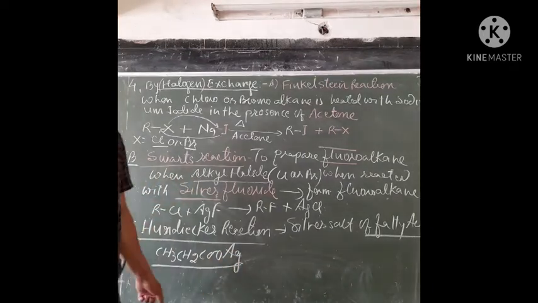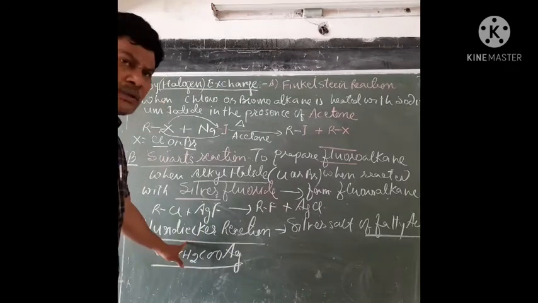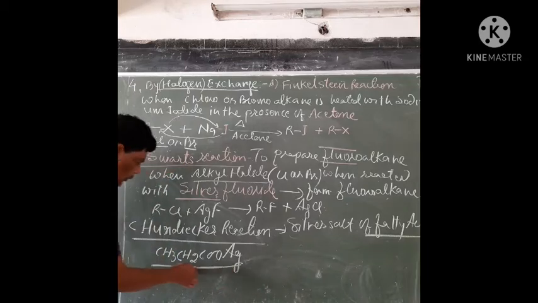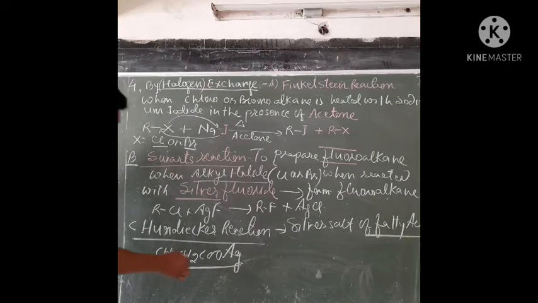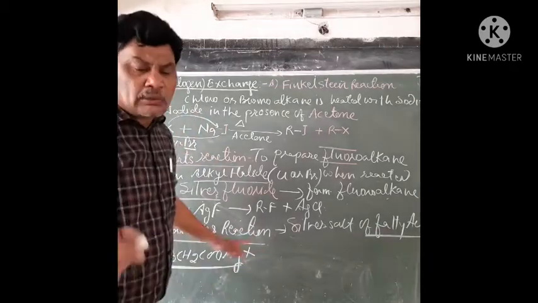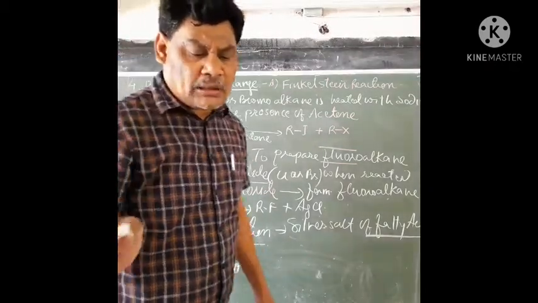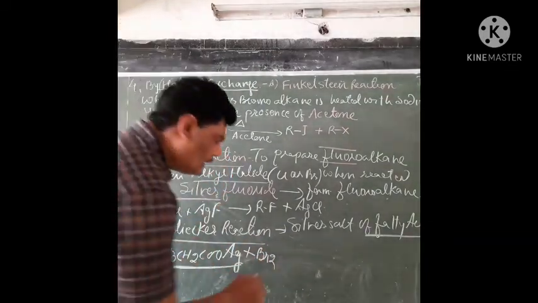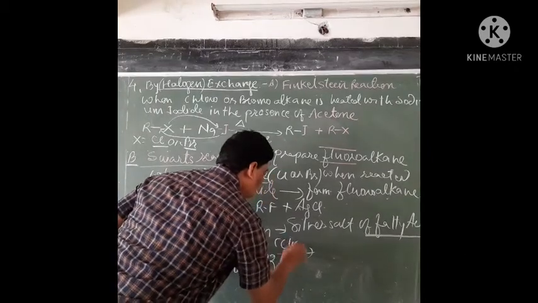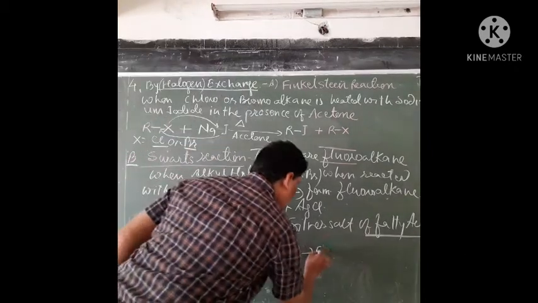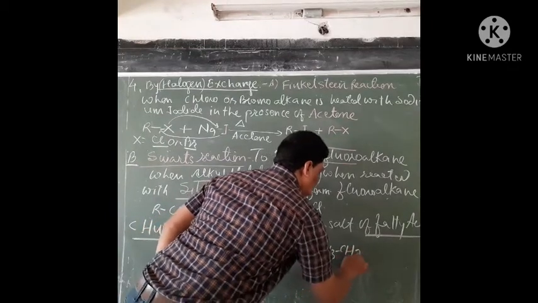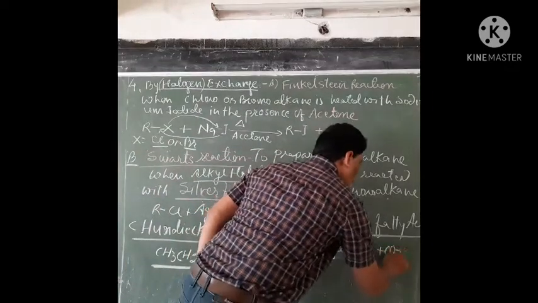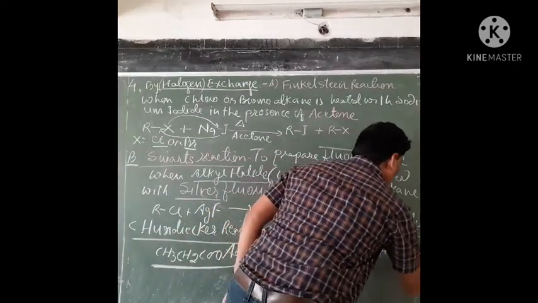I am directly writing the equation. What is the name? Silver propanoate. Then this silver propanoate, that is, silver salt of fatty acid, is treated with bromine in CCl4 reflux. It forms CH3CH2Br plus CO2 plus AgBr.